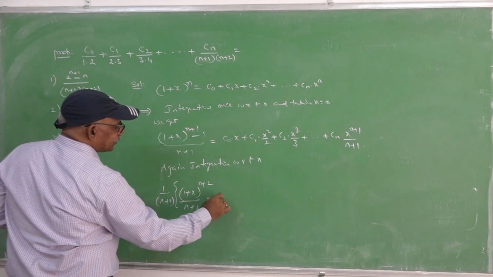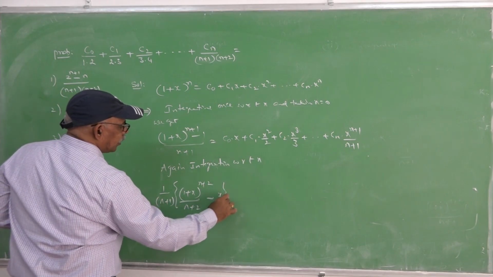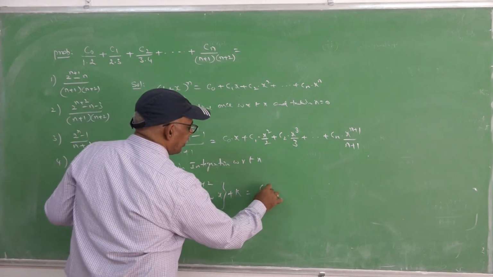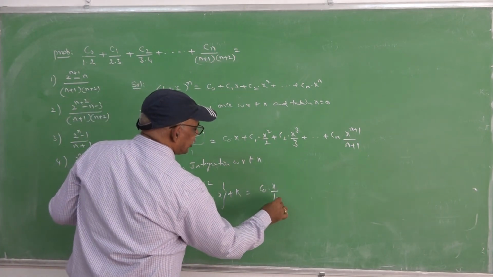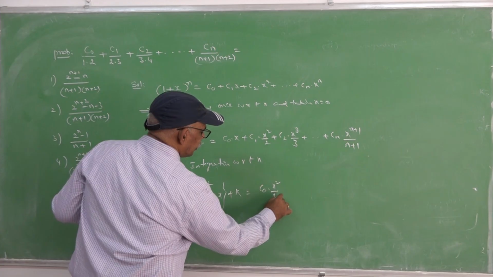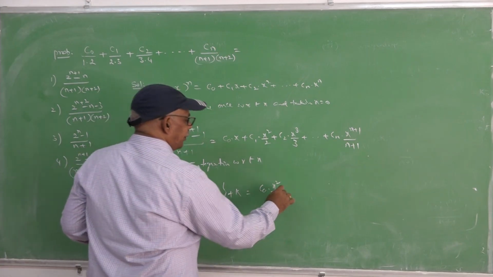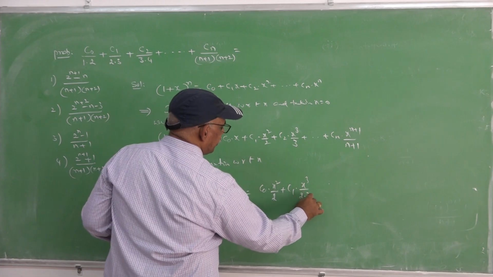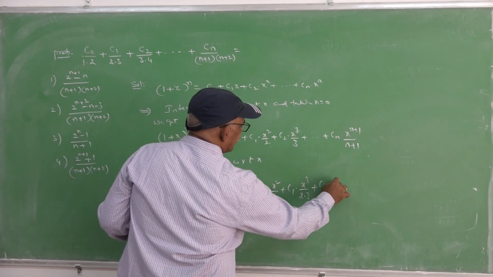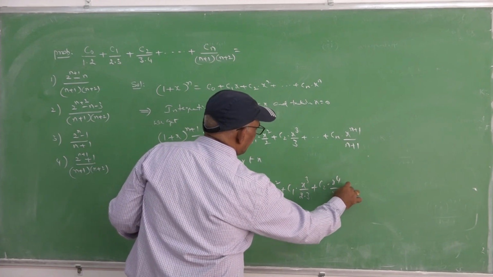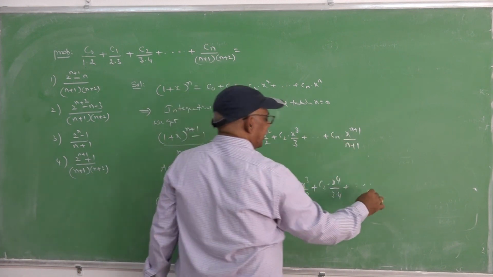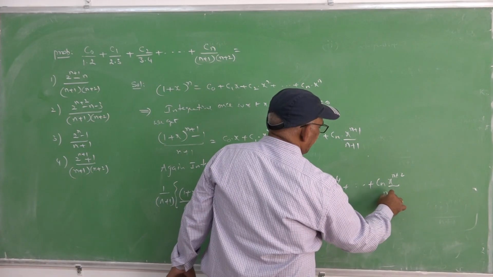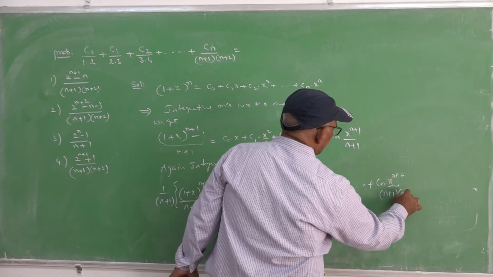Integral of minus 1 is x, some integral constant k, takes the value c0 into x square by 2, c1 into x cube by 2 into 3, c2 x power 4 by 3 into 4, like that. Here we get cn x power n plus 2 by n plus 1 into n plus 2.